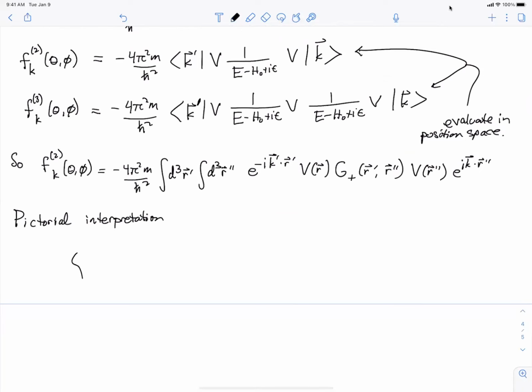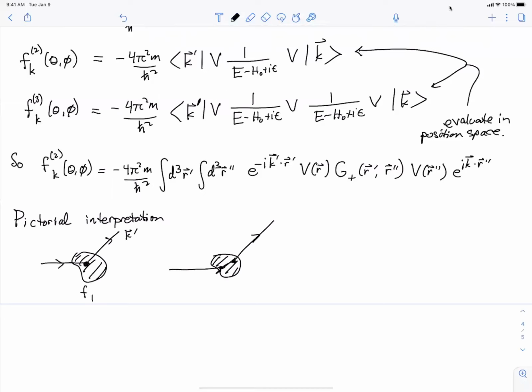So if I draw my potential as some shaded region, and then I have my beam coming in, the first Born approximation is I just do an integral over that potential to get my k prime coming out. Okay, this is F1. And then the second Born approximation contribution, I come in, I scatter once off the potential, I scatter twice off the potential, and then I go out.